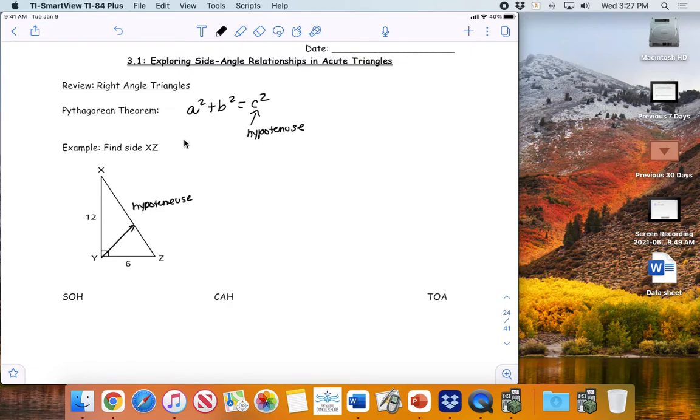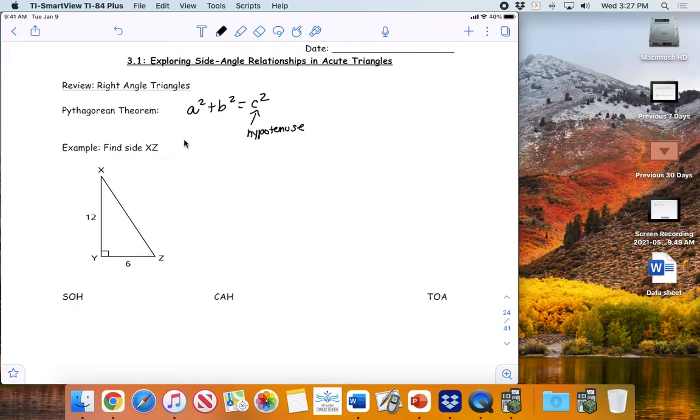If you were to cut that 90-degree angle in half, it's going to lead you to that hypotenuse. Also, it is the longest side. Okay, so you should always find that your legs, your 12 and 6, create an L shape, and then the hypotenuse always connects them.